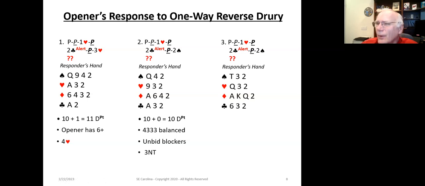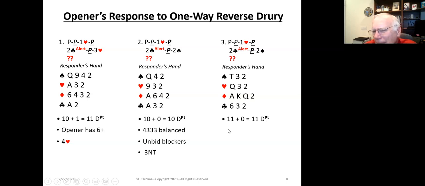So we know that our partner has at least 9 cards and maybe 10 in the 2 suits that he or she bid. Now we've got the situation here where we have good blockers in diamonds, but we don't have a blocker in clubs. And our partner naturally bid 2 suits, hearts and spades, so we're going to assume that our partner has a blocker in those 2.